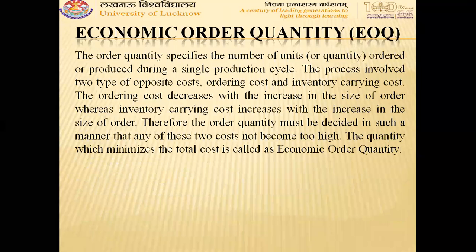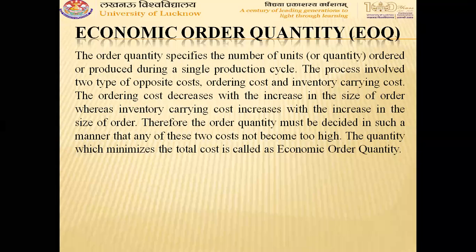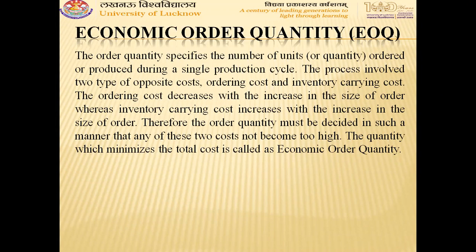The next important thing for inventory control problems is economic order quantity. The order quantity specifies the number of units ordered or produced during a single production cycle. The process involves two types of opposite cost. One is called ordering cost and the other is called inventory carrying cost. Ordering cost decreases with the increase in the size of order, whereas inventory carrying cost increases with the increase in the size of order.